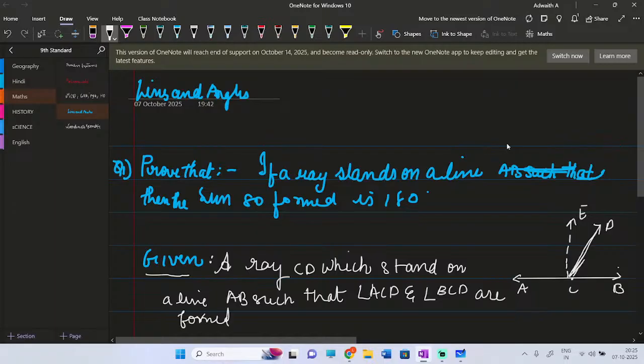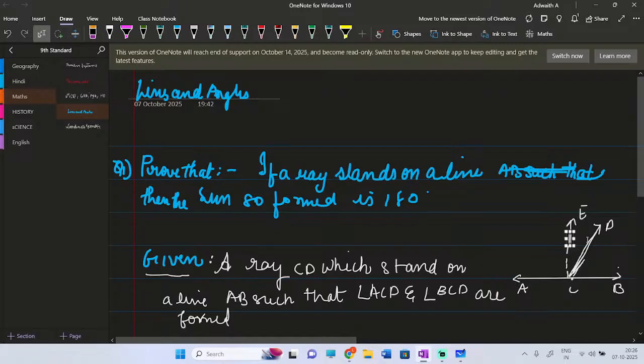If a ray stands on a line, the sum so formed is 180. This is a ray, and this is also a ray. CD stands on AB. We have constructed. Now this is the figure given.